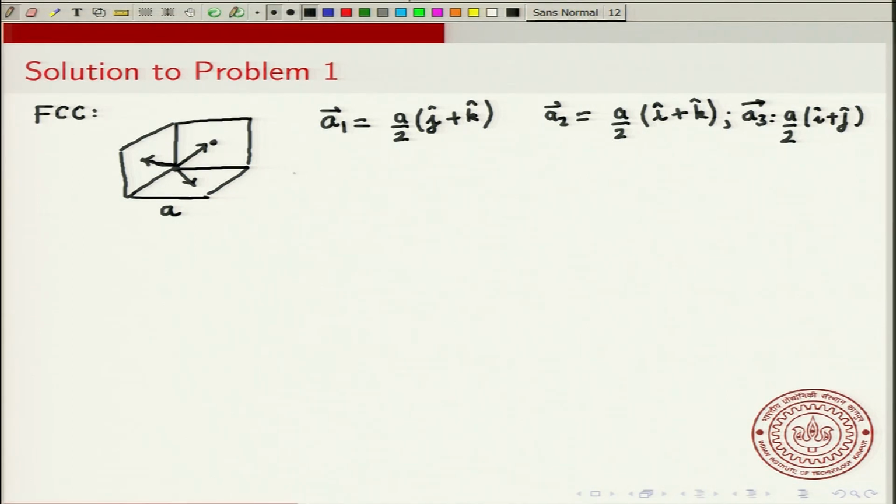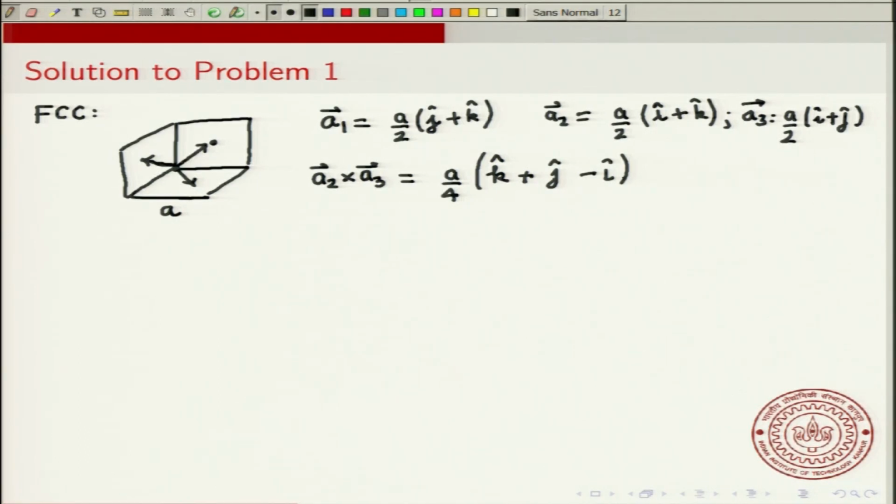So, A2 cross A3 is equal to A by 4 times: now, i cross i is 0, i cross j is k, plus now k cross i is j, k cross j is minus i.